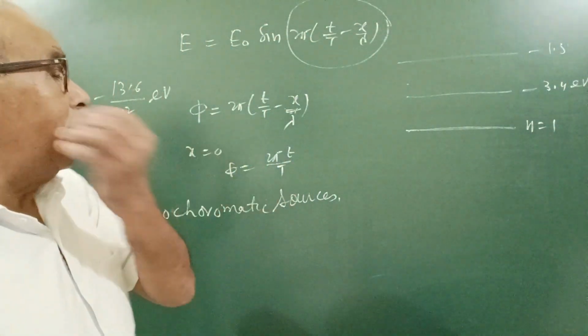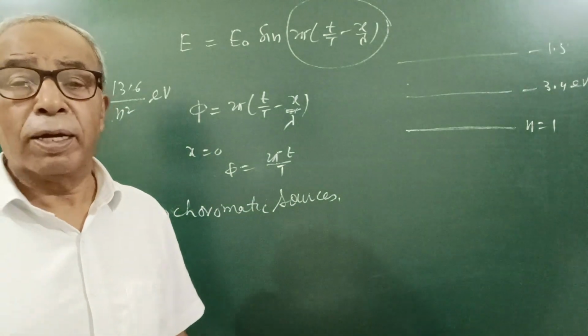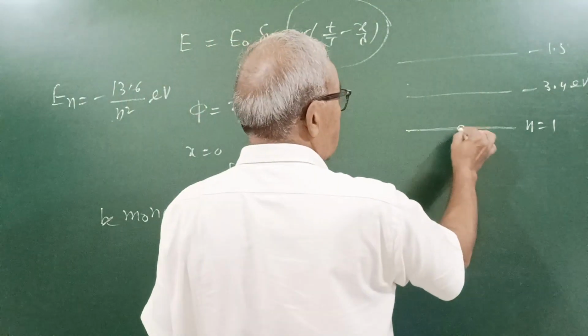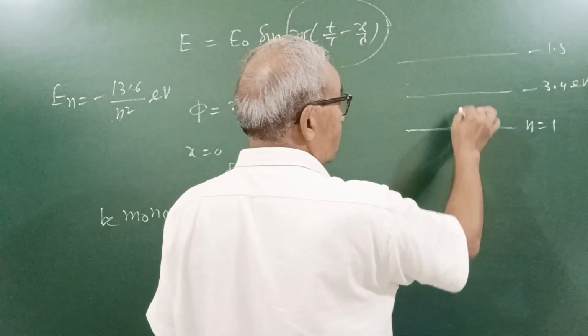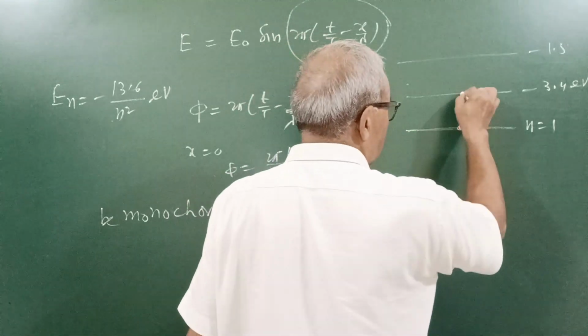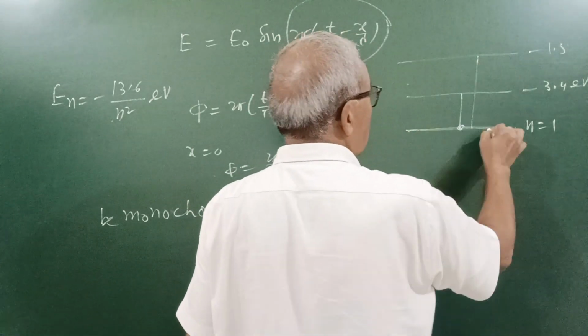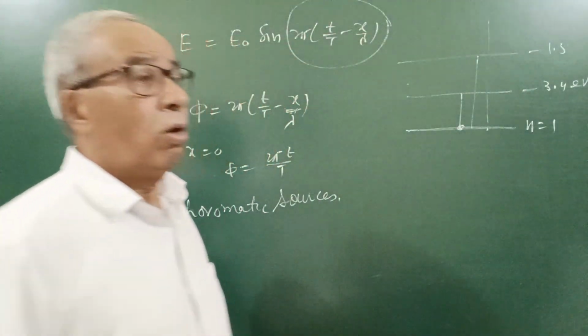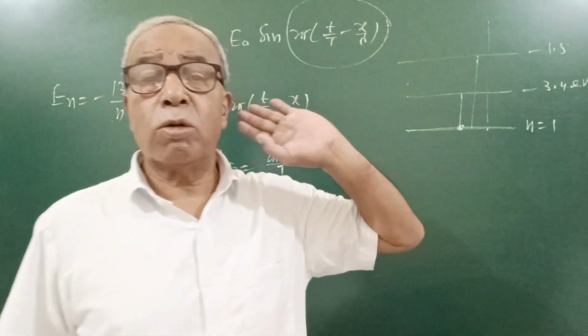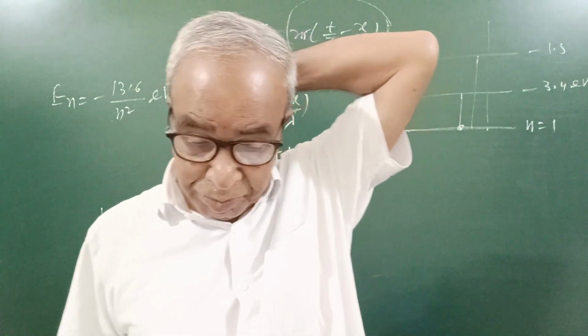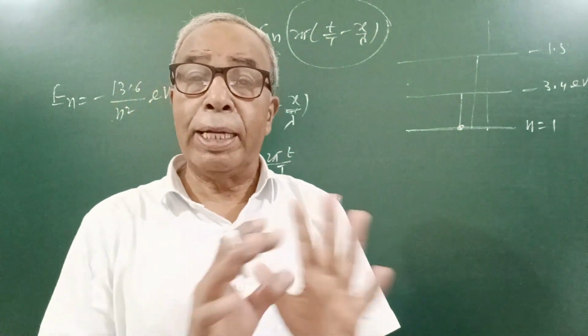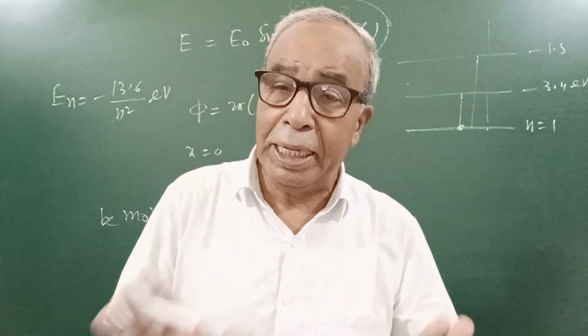So when an atom gets energy from somewhere, the electron in the ground state takes that energy, which suits either going from this to this or this to this or any other higher state. In the higher state, the electron is in an unstable state. You may make a note of this in your copy, please.